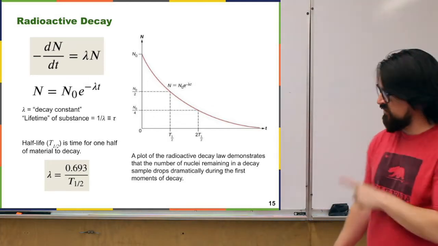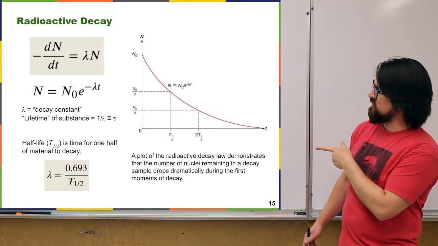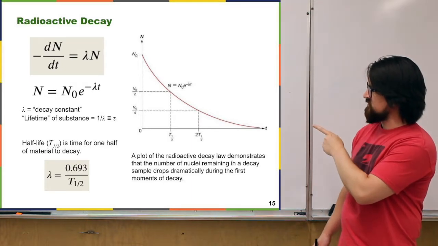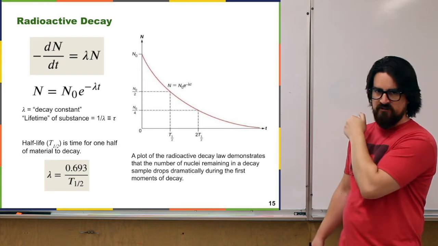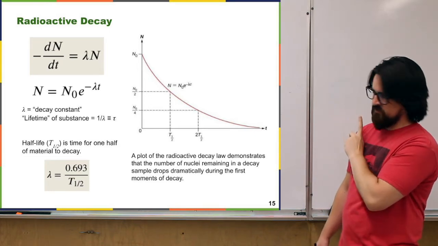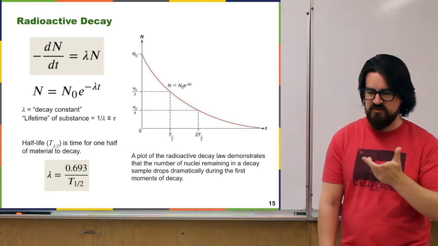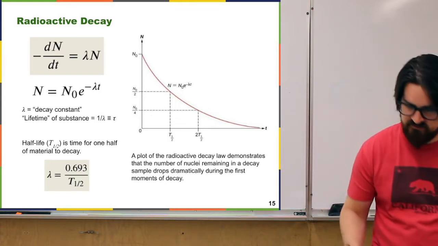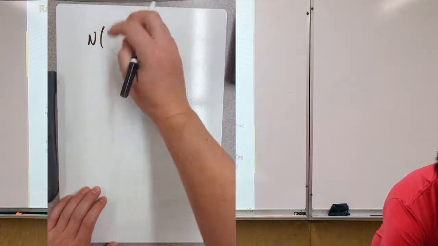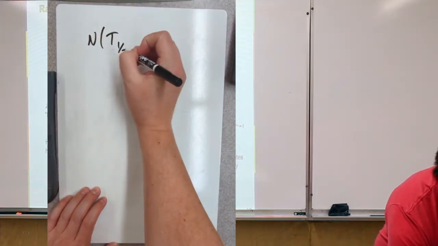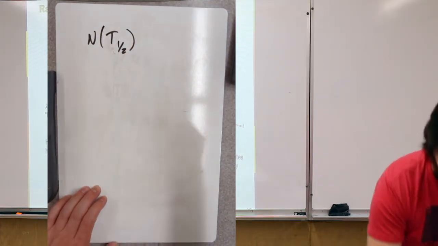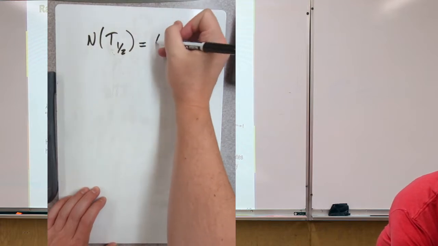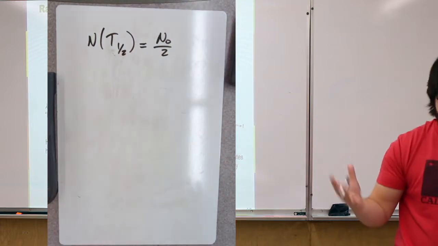It's pretty easy to relate the half-life, the T1/2, to the decay constant. So the decay constant comes directly from the differential equation. But if we want to think about the half-life, or the time for half the material to decay, we can find that in terms of that decay constant. We're just saying that the number of nuclei left after one half-life is going to be whatever amount we started with over 2.